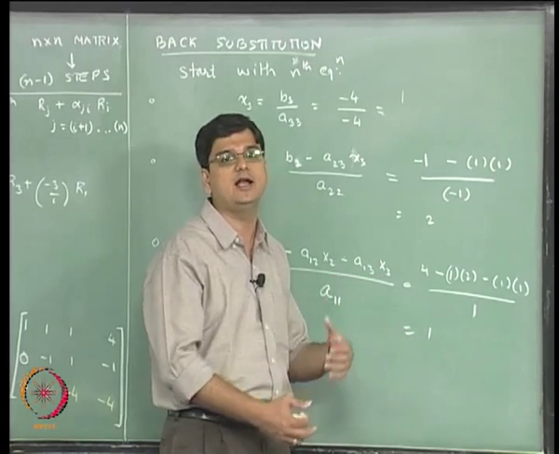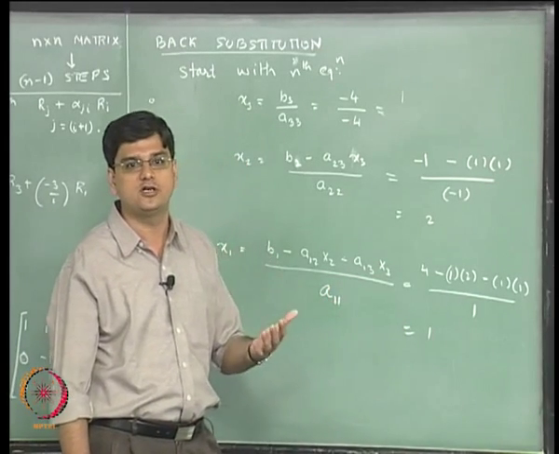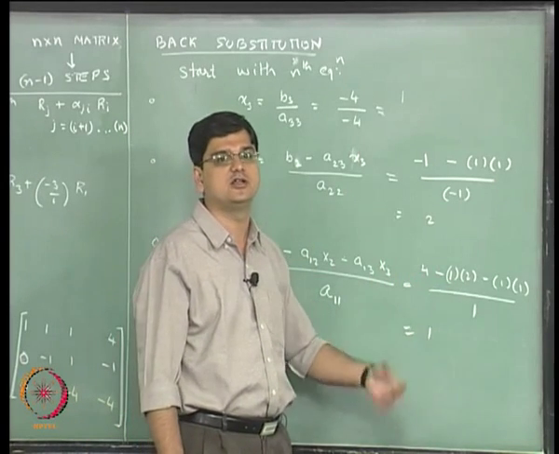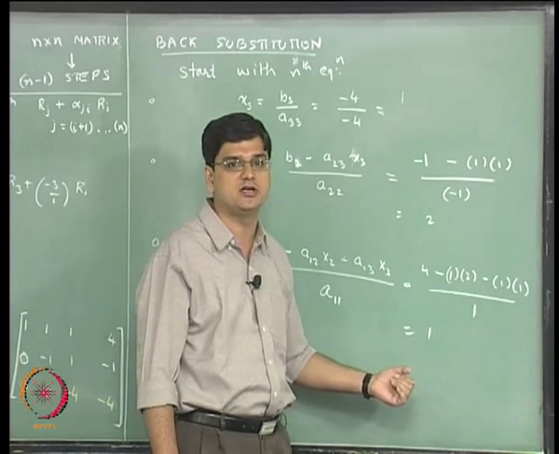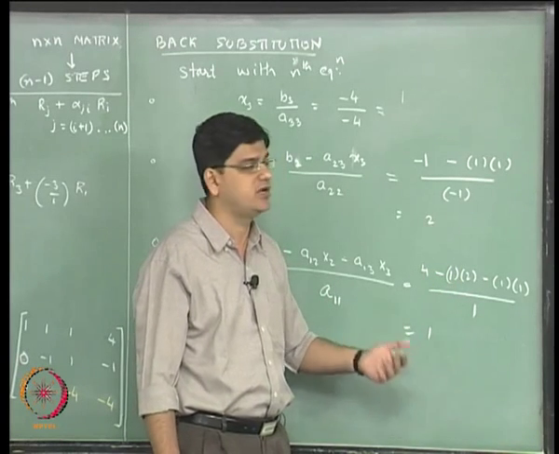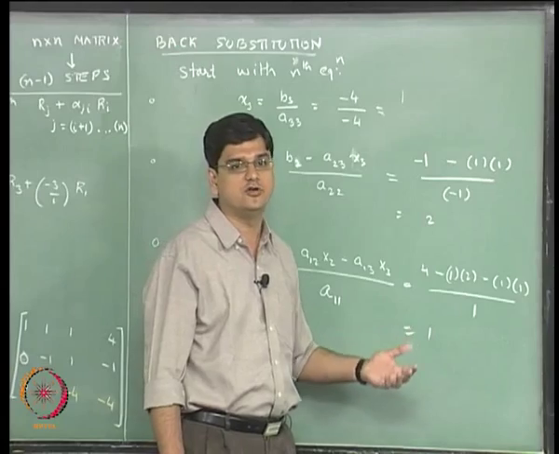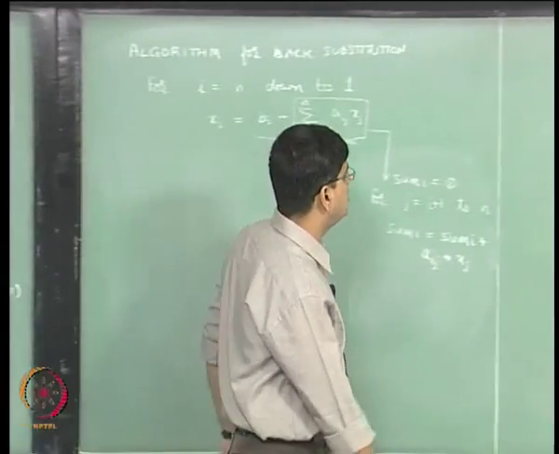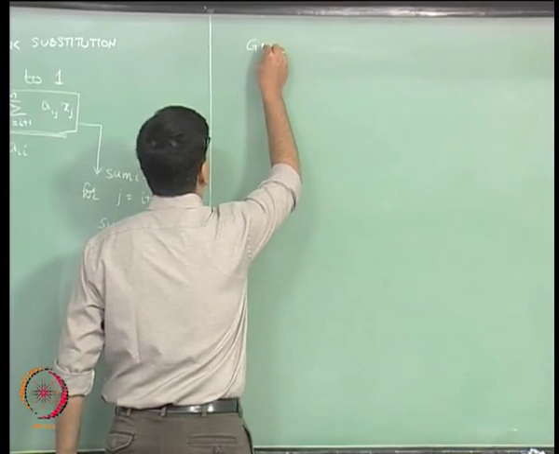Once I am done with that, I will go and do one important thing, and that is to figure out how much computational effort the Gauss elimination method requires, and where the LU decomposition method and where the Gauss-Jordan method are going to find practical applications. So now we go on to the Gauss-Jordan method.